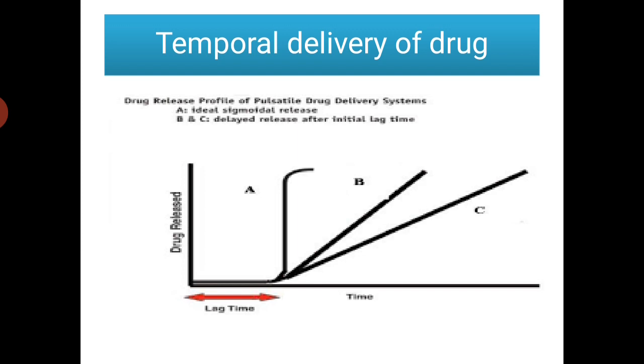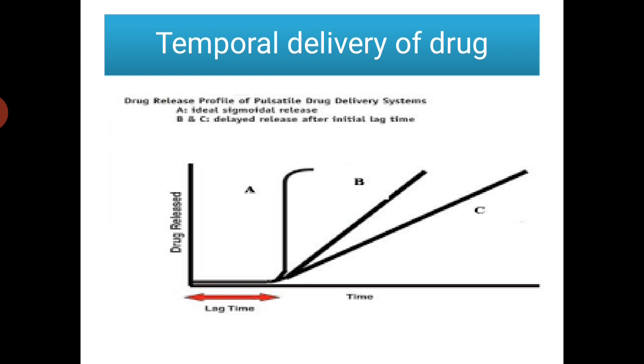Whereas B is a little bit slower than A, and C is again slower than B. So if we compare A, B, C, A is highly faster. After 2 hours, all these dosage forms begin to release the drug molecule. After 2 hours, A has released spontaneously, B is a little bit slower, C is again a little bit slower.